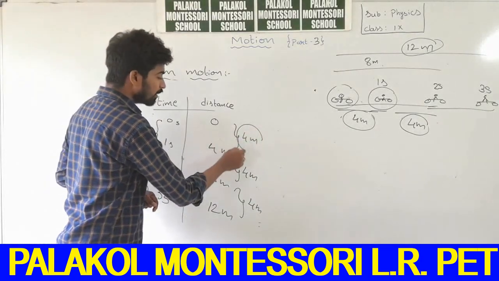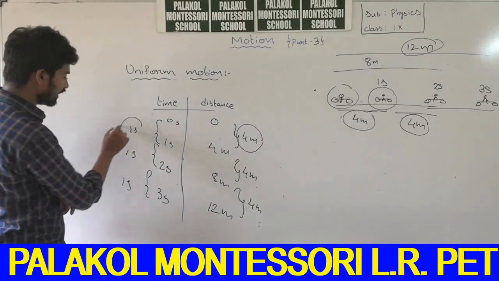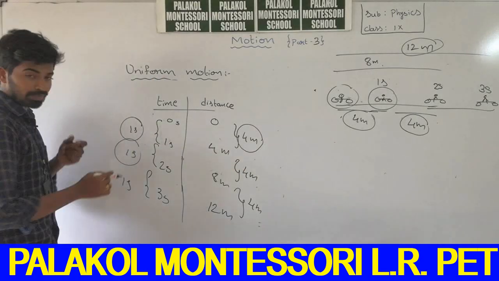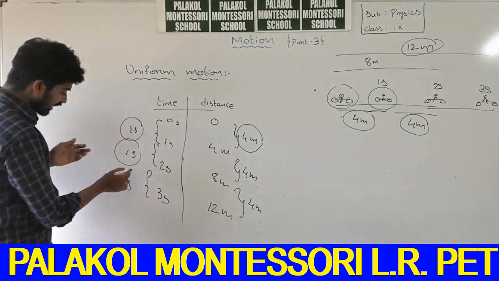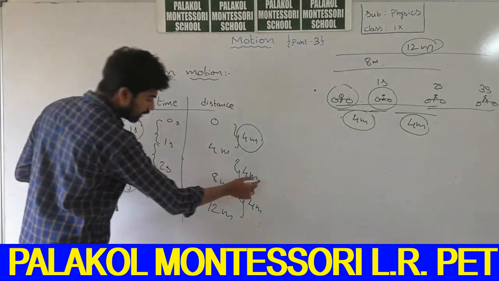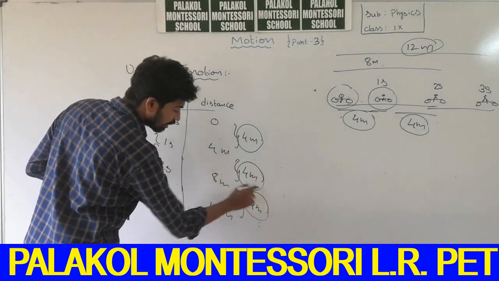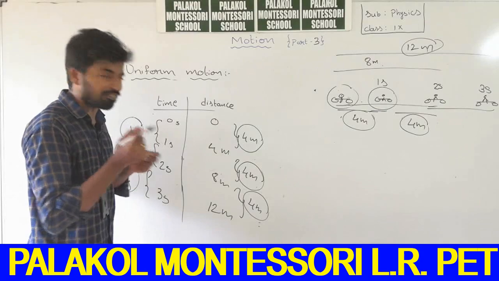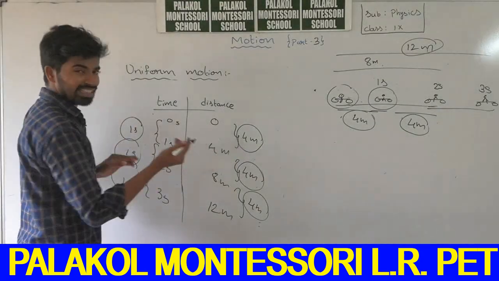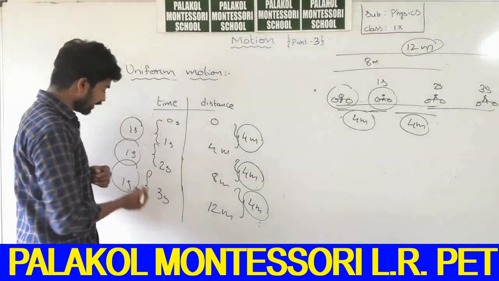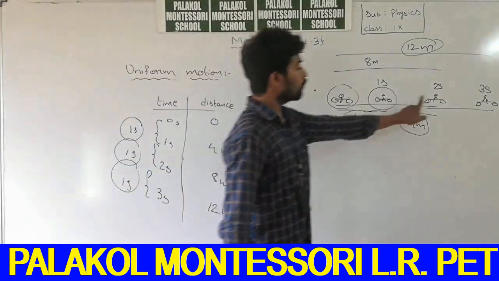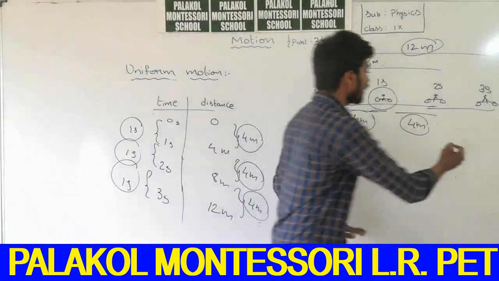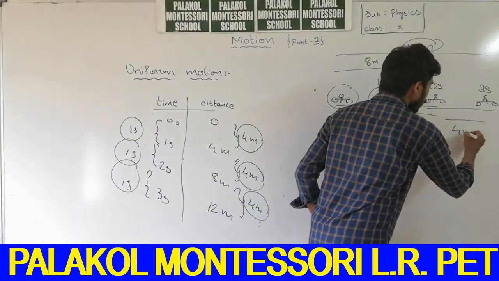If a body covers equal distances in equal intervals of time, interval means time gap, then for every 1 second you are covering 4 meters, and for the next 1 second you cover 4 meters, and for the next 1 second 4 meters.